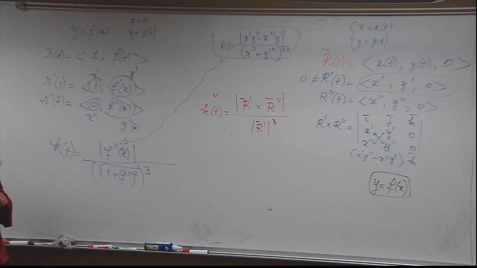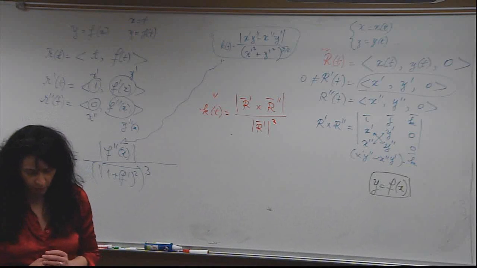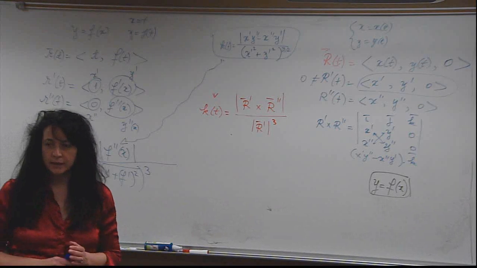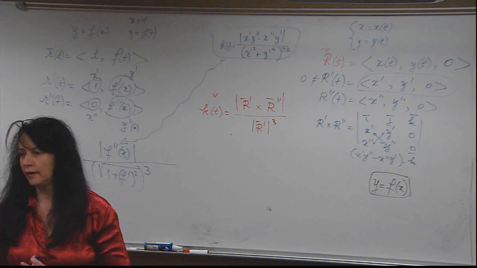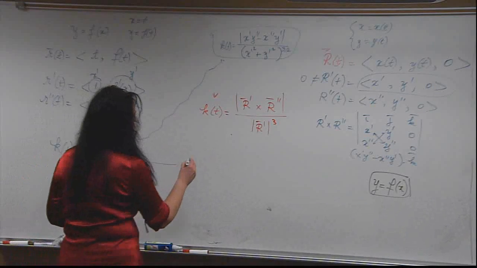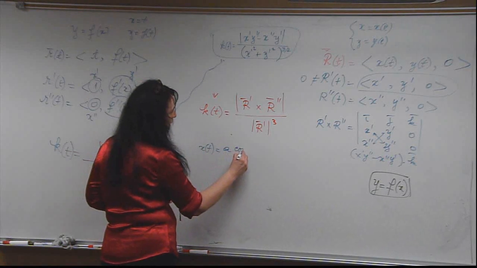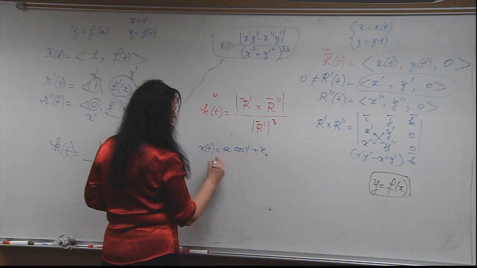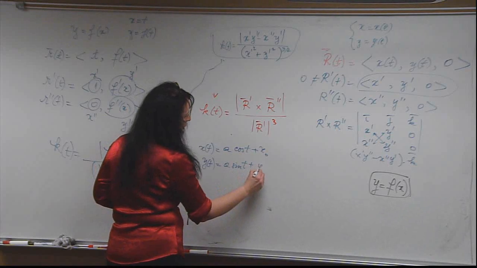In case somebody wants to know, I got this question from one of you. Suppose we get the parameterization of a circle in the midterm or the final. Somebody says, I have x of t, just like we did it today, a cosine t plus x0, and y of t equals a sine t plus y0.